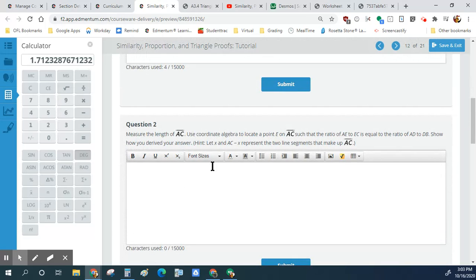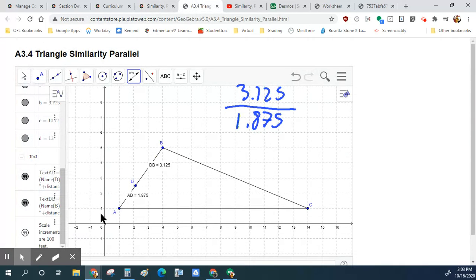Measure AC, locate the point at which this should be. So we're going to try to figure out another point, E. We're going to try to figure out where an E would be. One of the reasons why they're being nice to us by having this here is it's really hard to calculate distance diagonally.